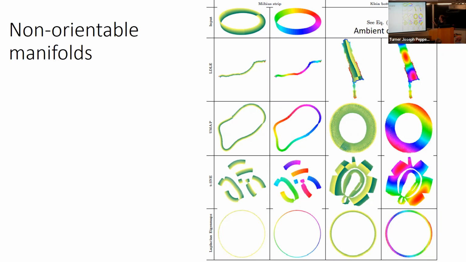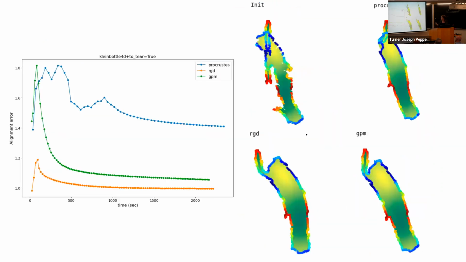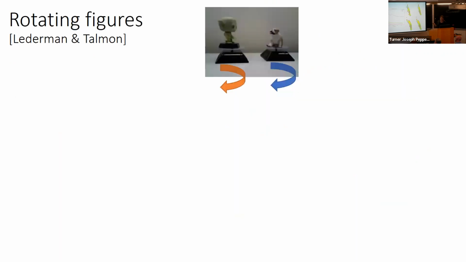And we can also embed the Klein bottle from 4 dimensions into 2 dimensions. For this as well, we compared using different approaches to doing the global alignment. Again, Riemannian gradient descent had the fastest convergence and the lowest distortion and the lowest alignment error for all of these methods.